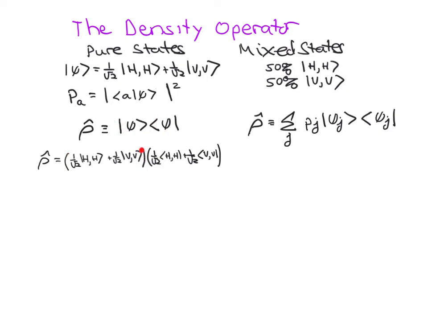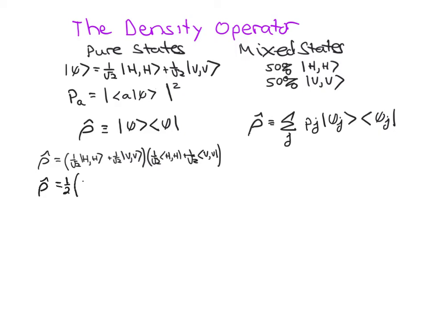That's all I've done here. Here's the ket part, and this part here is the bra part, and that's just what the density operator is for this case. And then I can expand it out. I can just write it out as rho hat. Now, if you look, there's going to be a common factor of 1/2, which I can bring out.